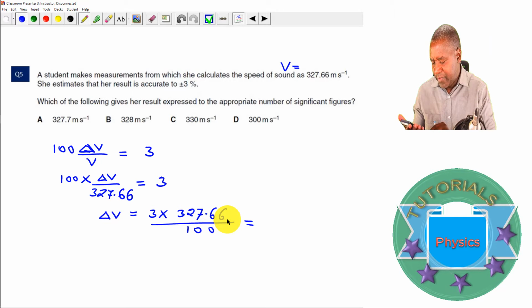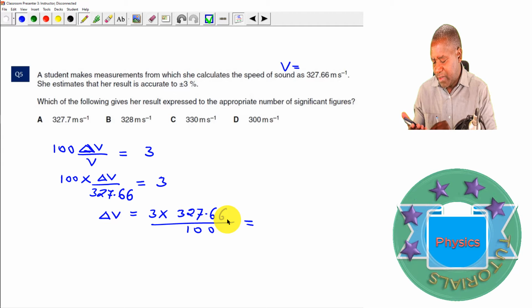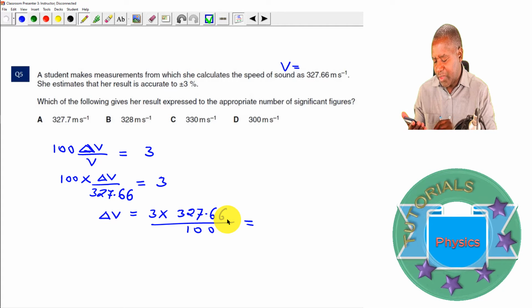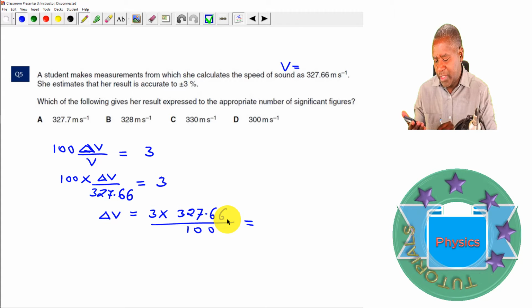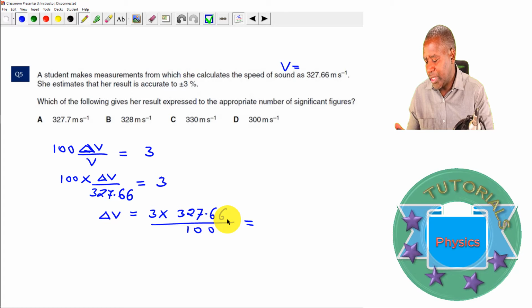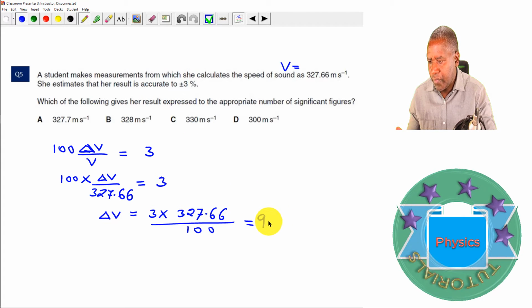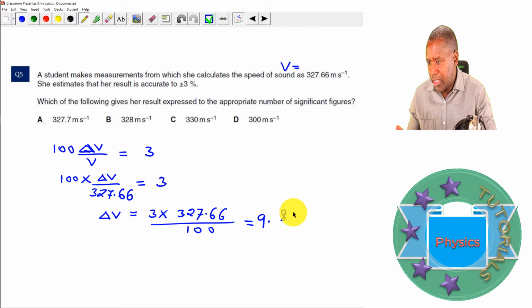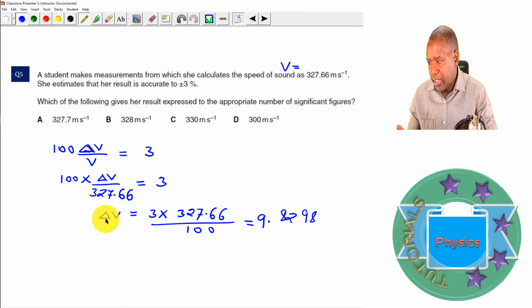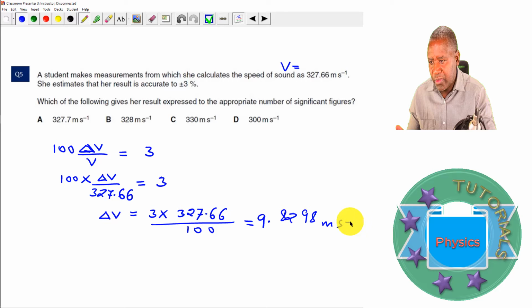So I have 3 times 327.66, and I divide that one by 100, and I'm going to get 9.8298, and it should have the units of speed.